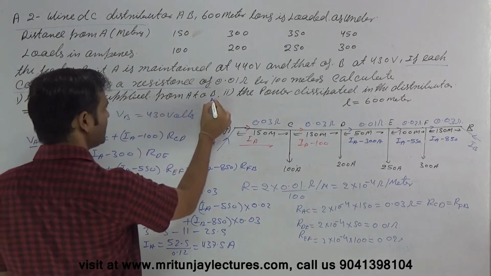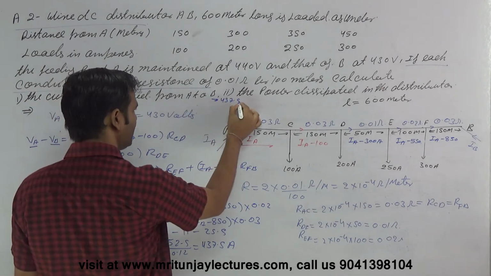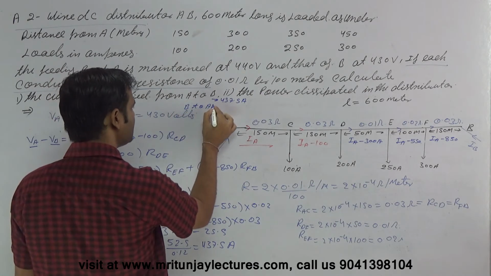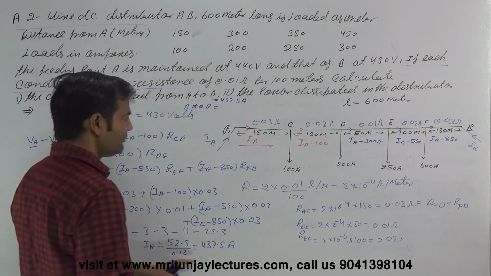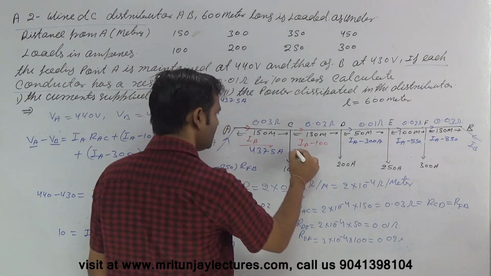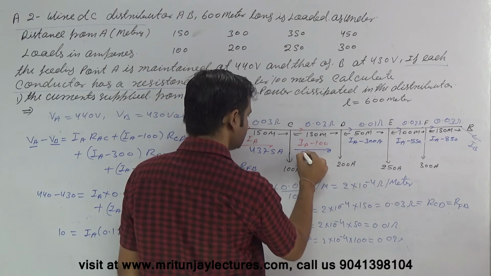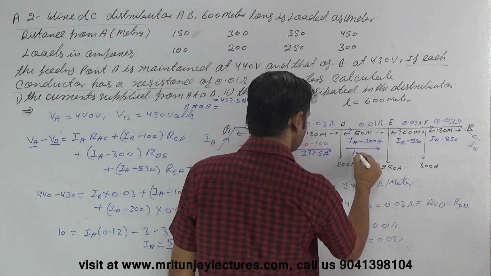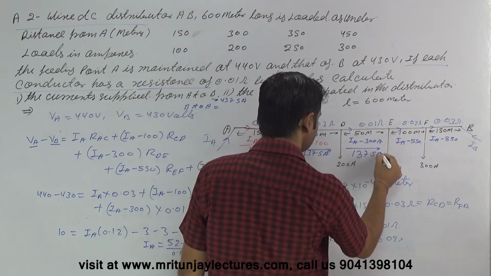So from A to B is 437.5 ampere. And from B to A, first of all written 437.5 ampere, and here that is 337.5 ampere, and here 137.5 ampere.